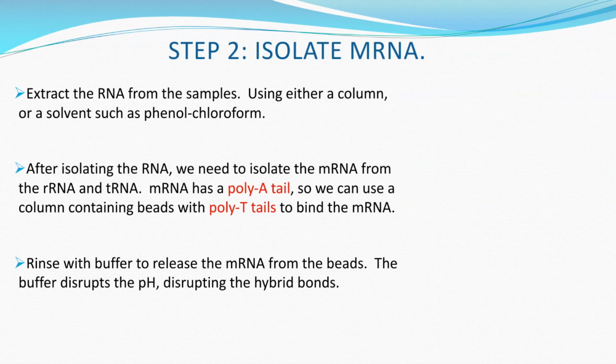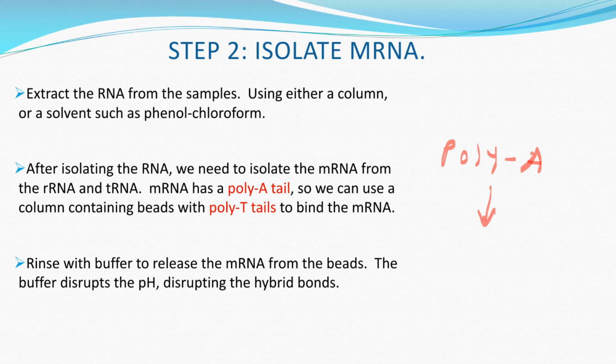Then the next step is the isolation of mRNA, because if we are extracting the cells, they contain all the RNA, tRNA, mRNA, rRNA, but the RNA of interest is messenger RNA because it contains the code for protein synthesis. We know that the mRNA has a poly A tail at the last side.